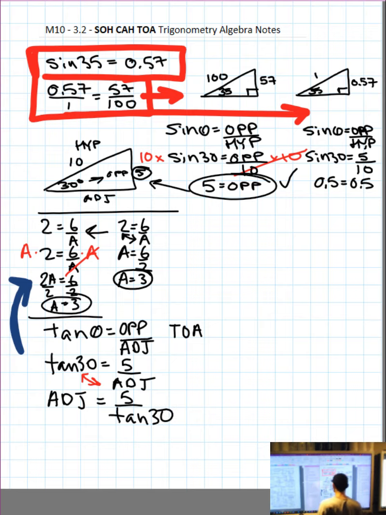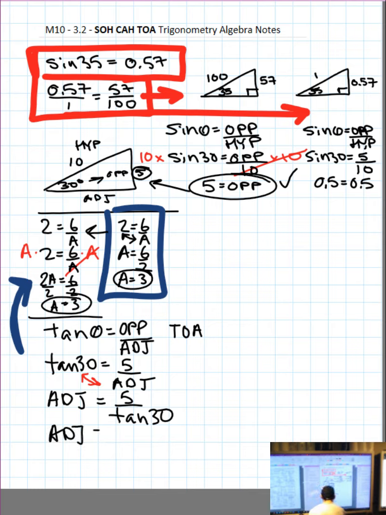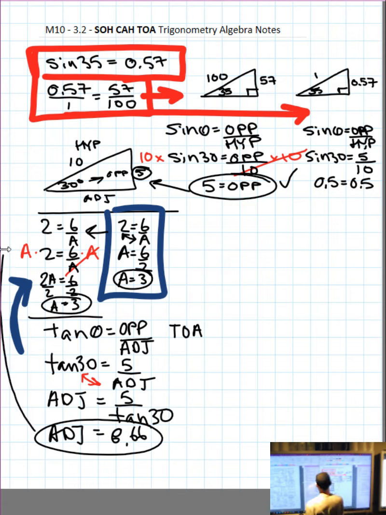Just switching them, because we just learned the algebra of how that's possible. That's called cross multiplication. Okay, so we can type into the calculator: adjacent equals 5 divided by tan 30. 8.660, whatever. So we just found the adjacent, so now we can put it up in the diagram where it belongs. 8.66, circle it.